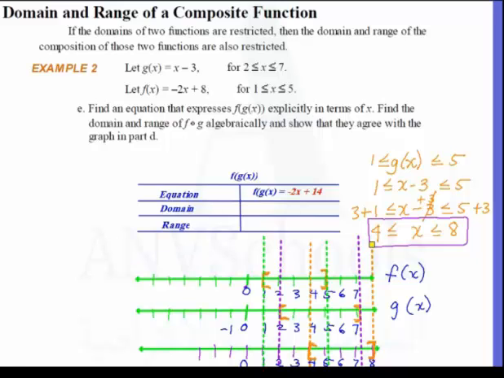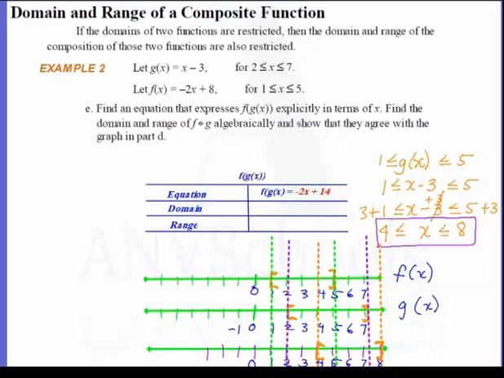Your f of g of x domain and your g of f of x domain. So this is our f of g of x. Both domains must lie. They must be an intersection of both g of x and f of g of x.